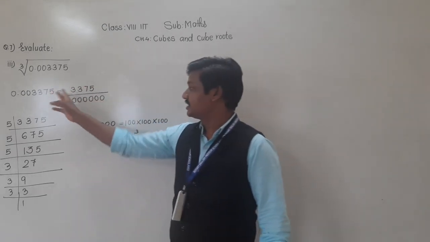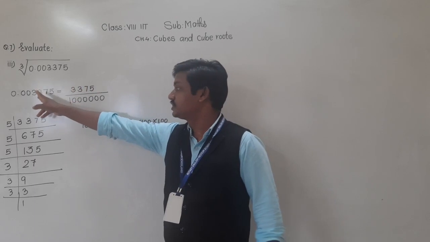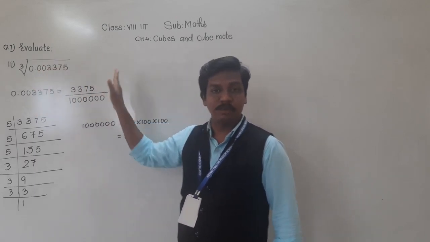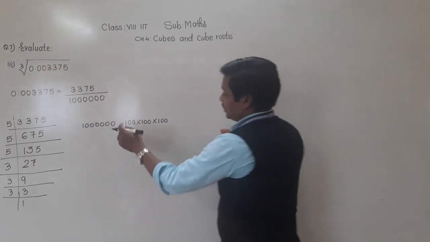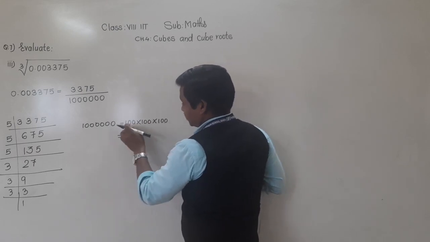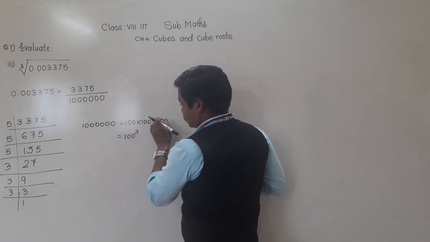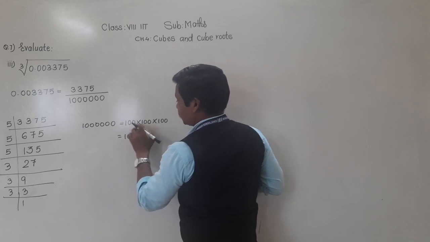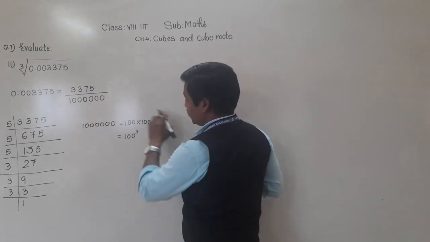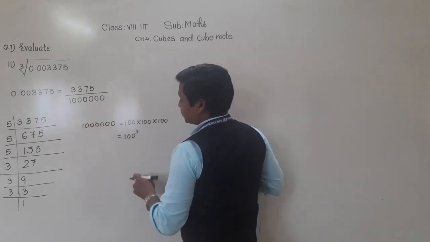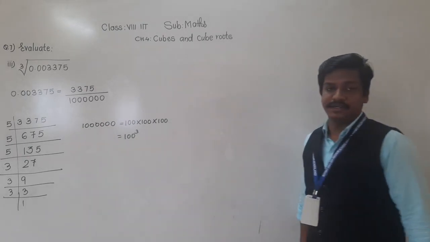That's why first we need to convert this decimal into a common fraction, it is easy. See now, 100 into 100 into 100. First 2 plus 2 plus 2 total 600 zeros, and 1 1 is 1. So the multiplication of this is 10 lakh. That's why 10 lakh is the cube of 100.